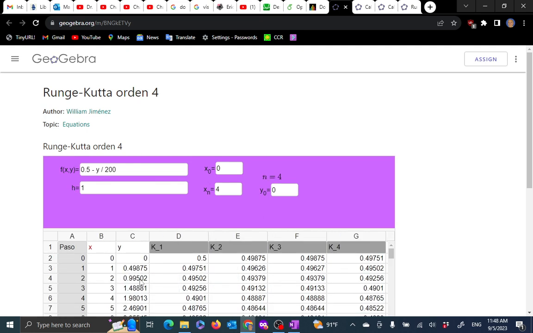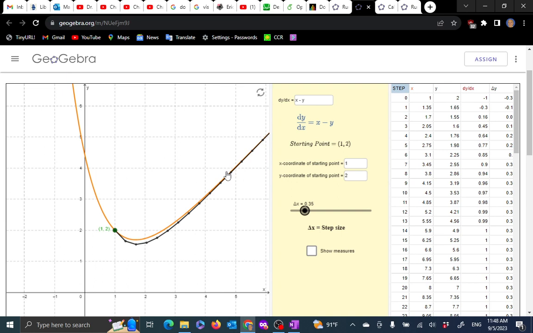Here's an example of that, which has 4 rises calculated with 4 steps that we take, and we average them in a certain special way to get an accurate answer, and then you get a much better picture. So perhaps the red one here, or the orange one, is produced by RK4, and the black one is the rudimentary Euler method, which is essentially the origin of all these RK methods.